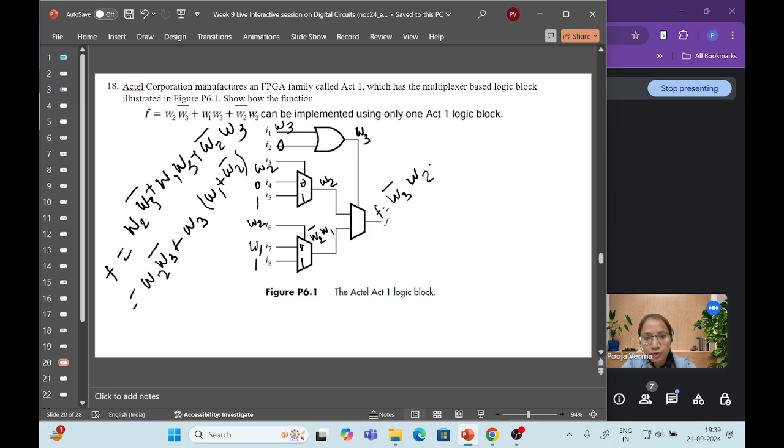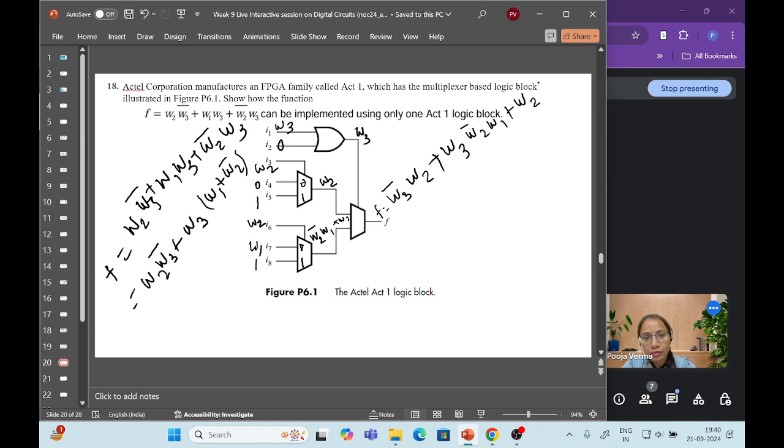F is equal to plus, if it is W3, then the multiplexer output will be W2 dash W1. Okay, so something is there. W3 dash W2 is coming, W3 dash. No, here two outputs will be there: W2 dash W1 plus W2, right?